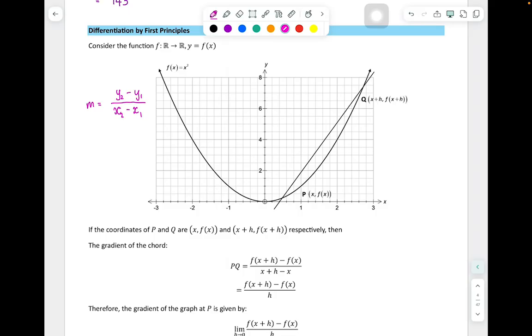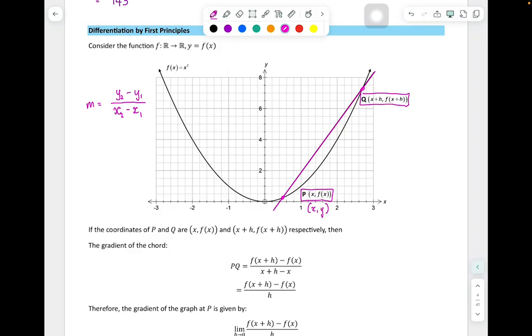So what we are doing is finding the gradient of this line between 2 points, P and Q. With the coordinate of P, we can see that this is the coordinate of x and y.